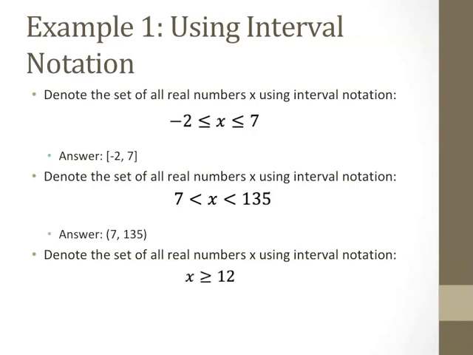Well, there's no limitation on how high x can go, so we can say it goes from 12 all the way to infinity. So it equals 12, so we know we have a square bracket on the 12. We'll do a comma, and then we'll do infinity. Now typically with infinity, because it's not an actual number, we are going to use parentheses on it.